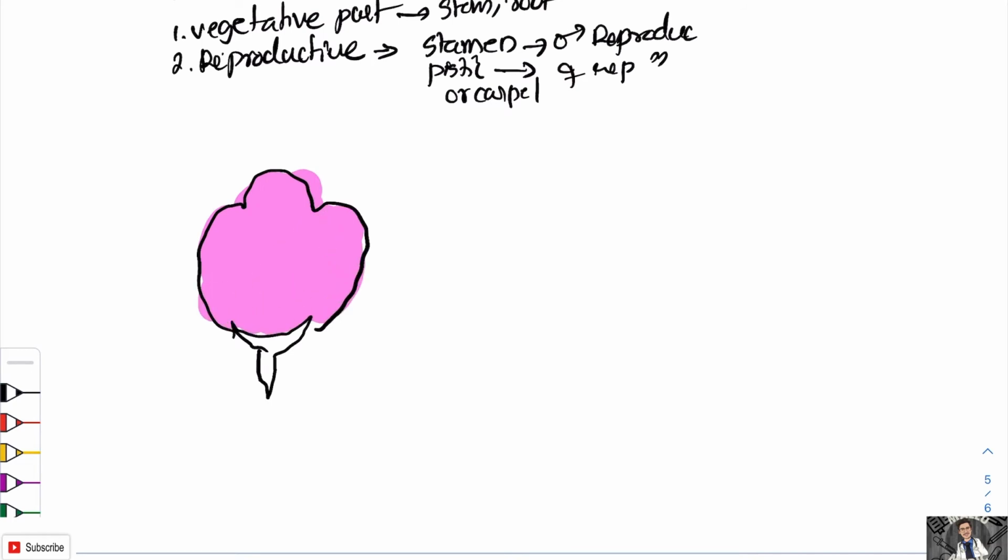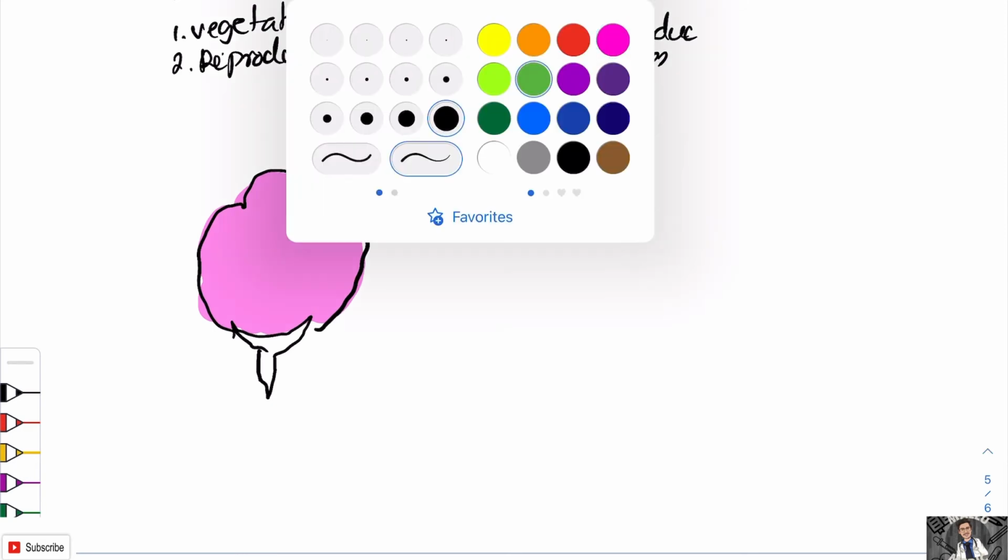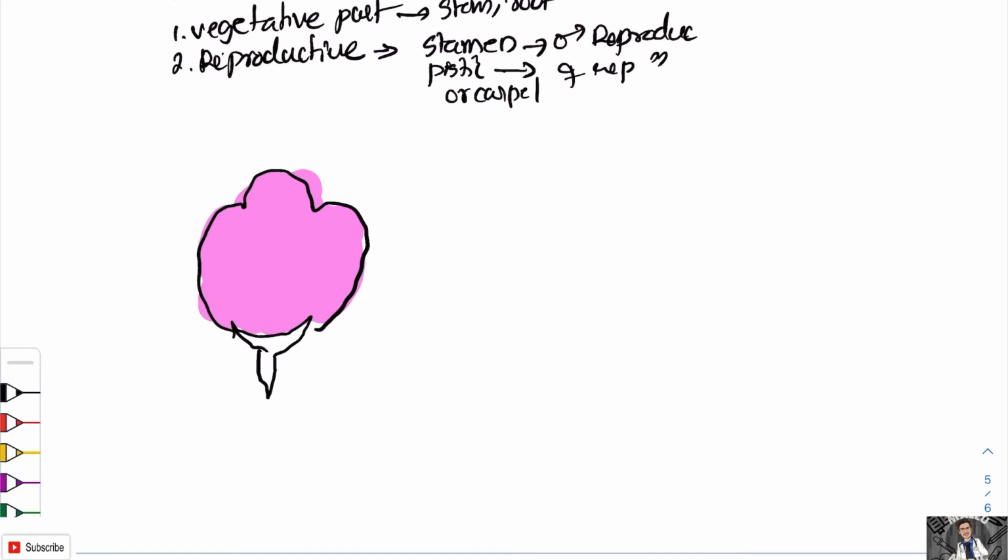Not a nice looking flower, right? But that's all right, we need just concepts. Am I right or wrong? Okay, so basically we have the sepal, petal, and then we have the reproductive organs.